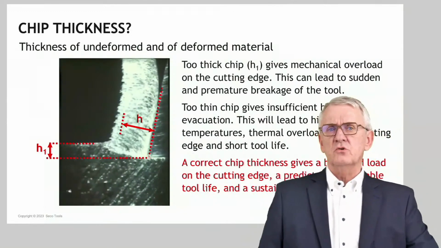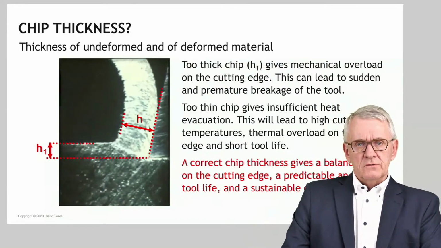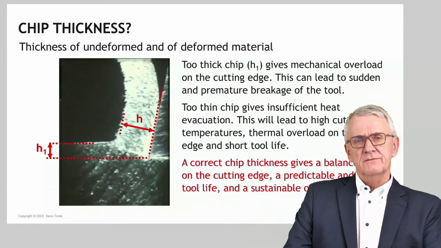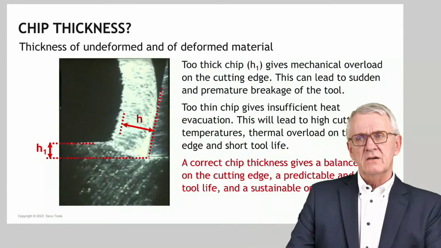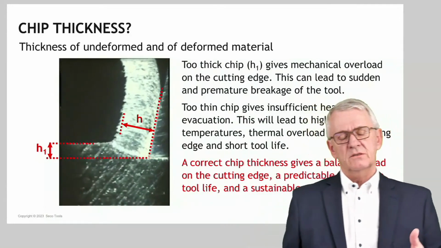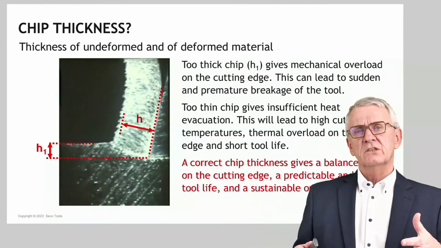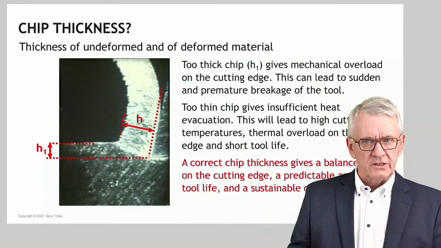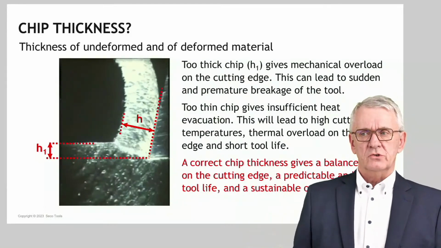Too thin chips could lead, well, to a thermal overload of cutting edges. And if you have thermal overload, again, you will suffer from problems with premature end of tool life. Because now it's not due to mechanical loads, it's thermal loads that are going to, in a thermal way, overload the cutting edge, burning the cutting edge, kind of. And that will lead to short tool life.